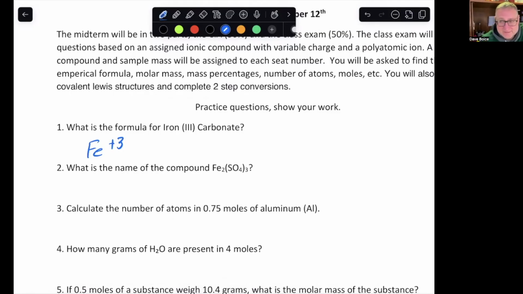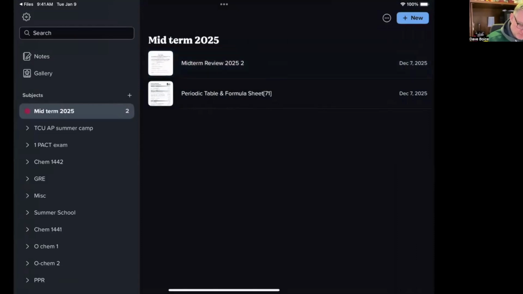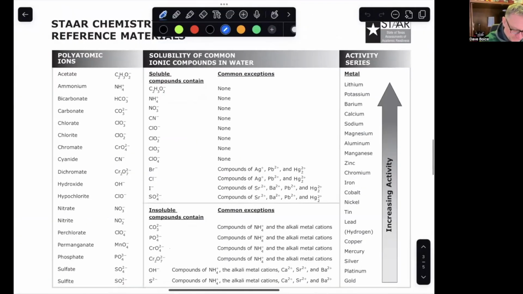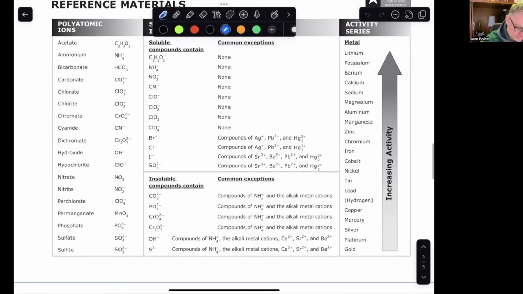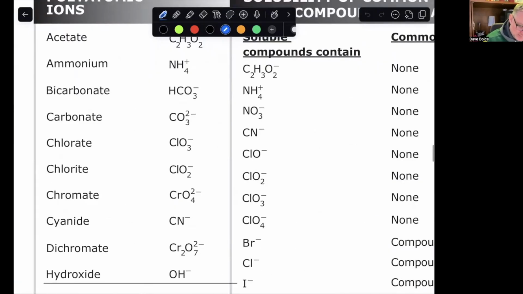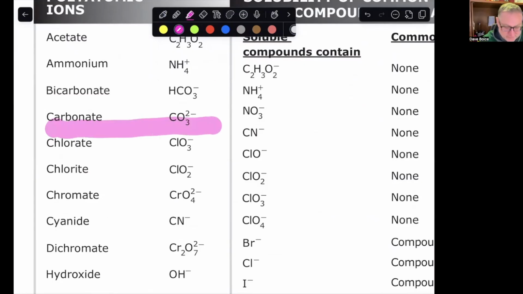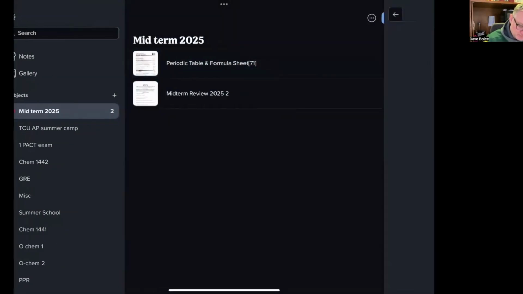Now, carbonate doesn't end with an ite, so that sounds a bit like a polyatomic to me. Let's see if we can find that. Carbonate, and there it is, bingo. CO3 with a -2 charge. That charge is very important.